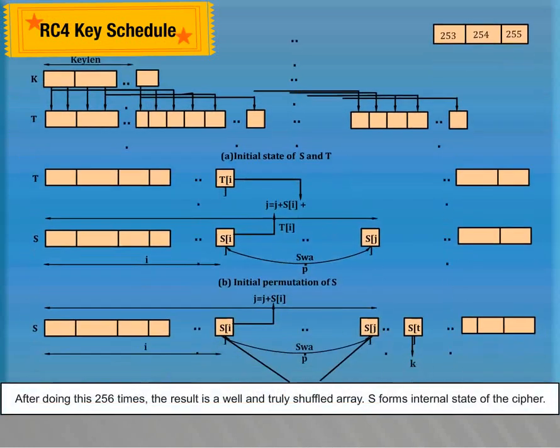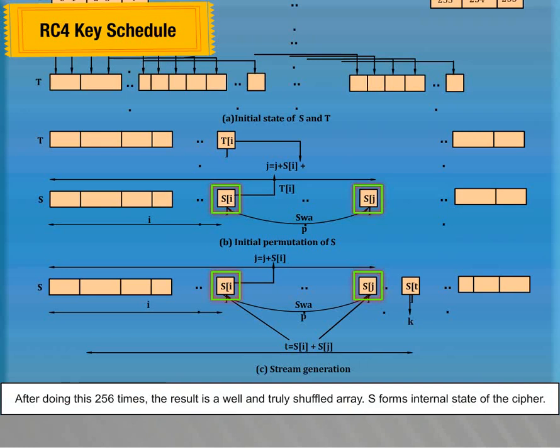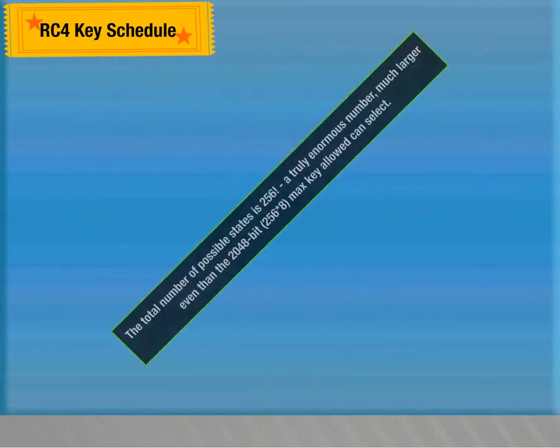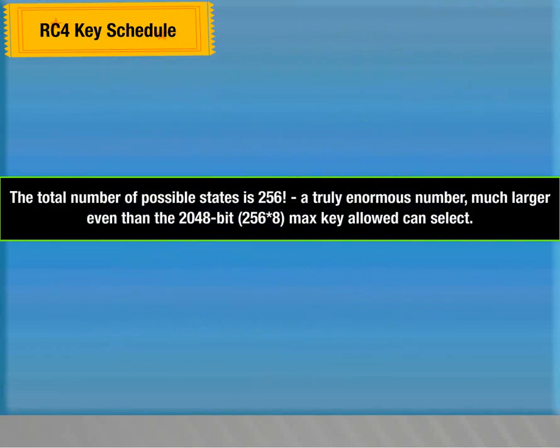After doing this 256 times, the result is a well and truly shuffled array. S forms the internal state of the cipher. The total number of possible states is 256 factorial, a truly enormous number, much larger even than the 2048 bits, that is 256 times 8, of the max key allowed, can select.